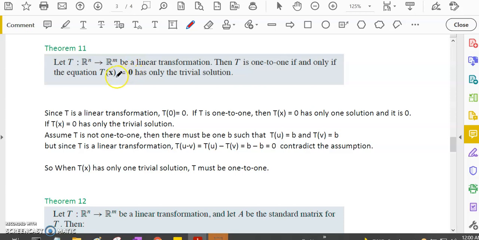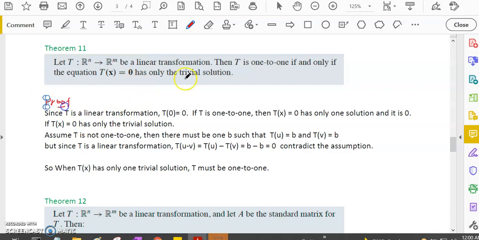This is easy to see, because for it to have only the trivial solution, you just have to make sure that you don't have any free variable. So this is the proof.